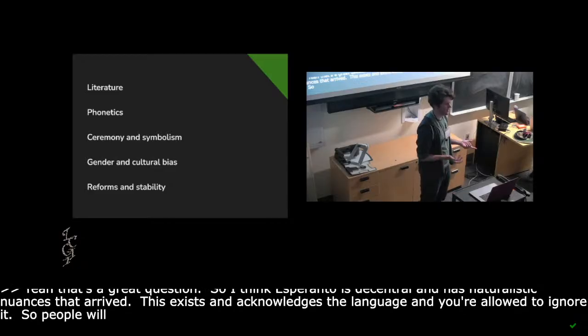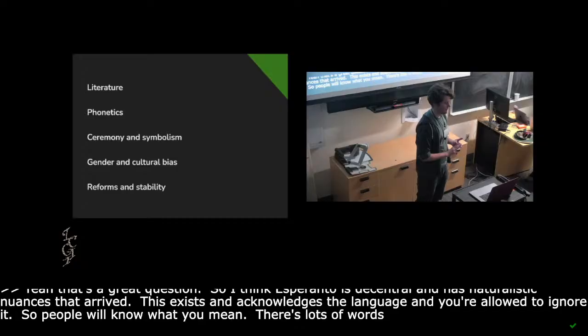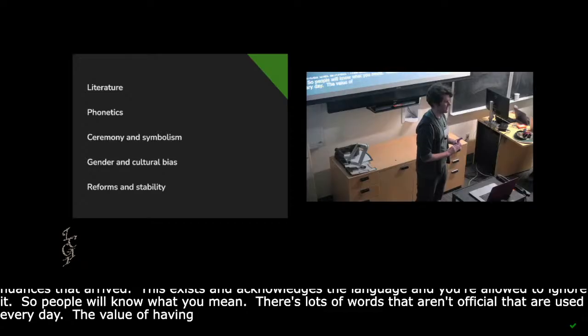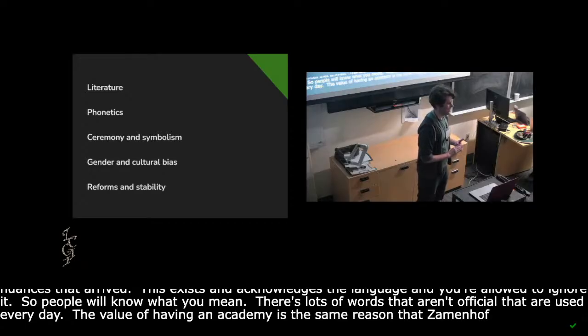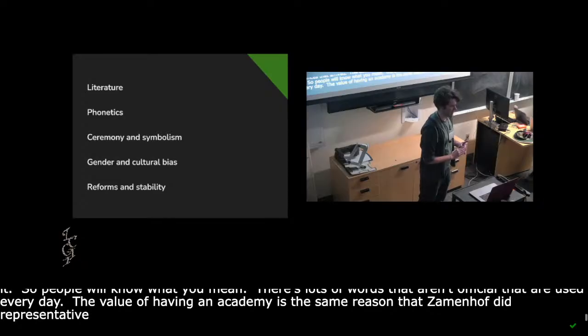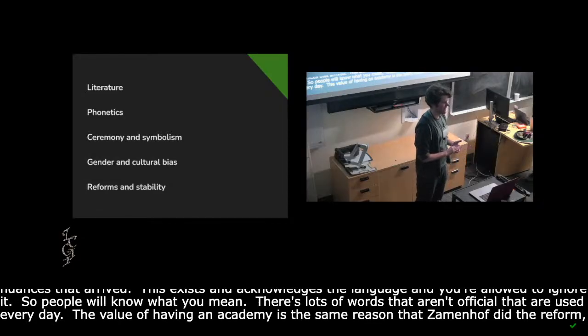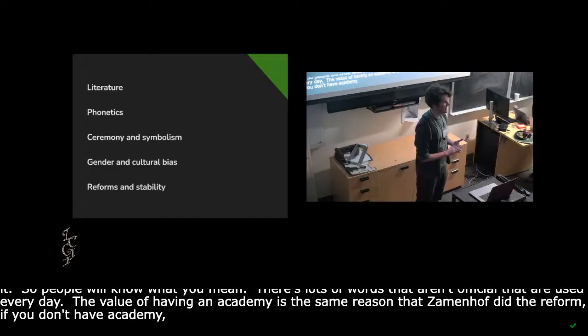There are lots of words that aren't official that are used every day. But I think the value of having an academy is for the same reason that Zamenhof did the reform. If you don't have an academy, someone's going to want to set up an academy. So you kind of have to fill the vacuum. But that's my off-the-top-of-my-head idea.